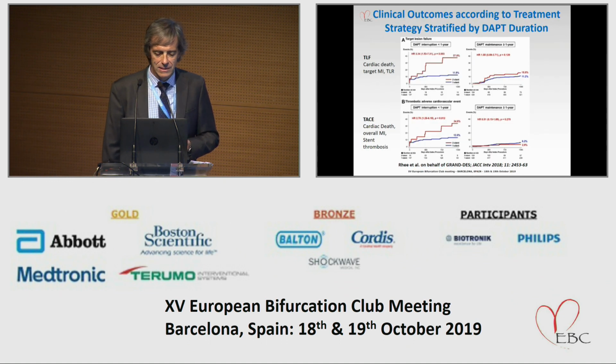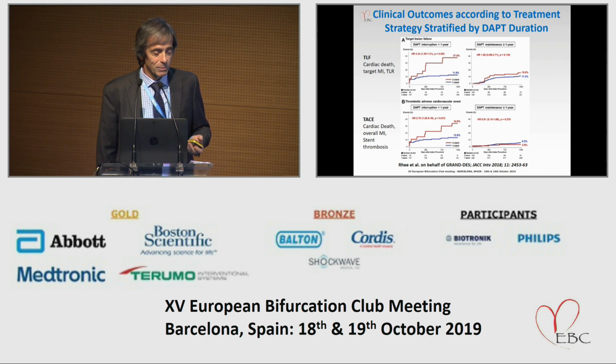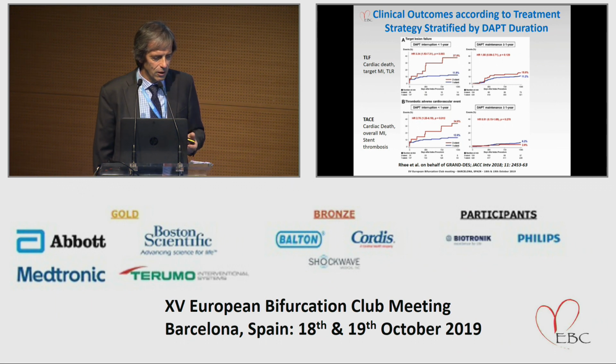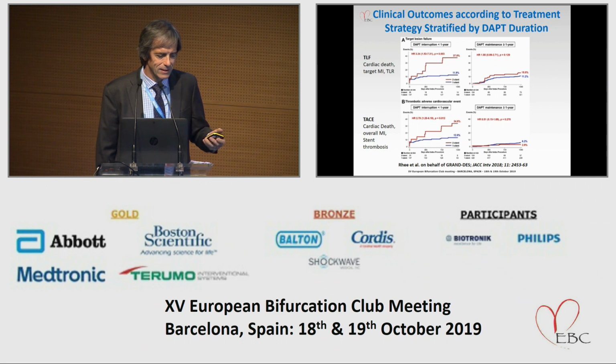And these are the main results. They used a couple of primary endpoints: a target lesion failure endpoint with cardiac death, target MI and TLR, and a true ischemic endpoint with stent thrombosis instead of TLR.